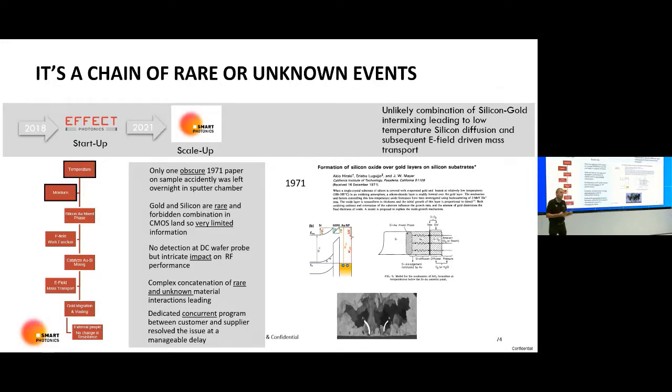The eutectic temperature of gold and silicon is 363 degrees, so this is much below what you would expect based on the material properties. What happened next is that, in the functionality I showed you, this occurred in biased HAST testing, which is 85 degrees centigrade and 85% relative humidity, with the component biased as it would be in normal use.